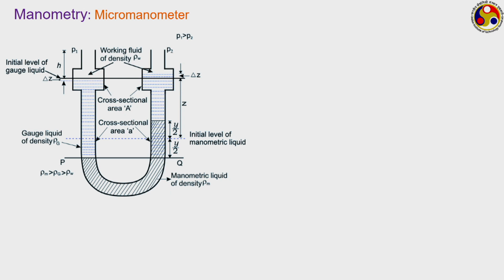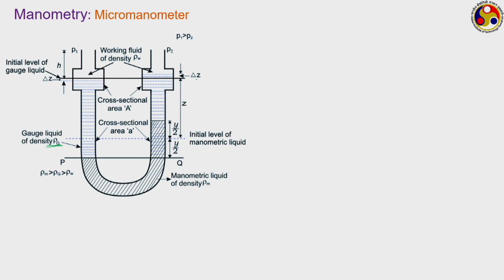Now see here carefully, here we have three fluids. We have a manometric fluid rho m, which is shown by this hatched region. Then we have a gauge fluid, shown by these dots, which has a density rho g, and now we have the working fluid, which is just the white space.